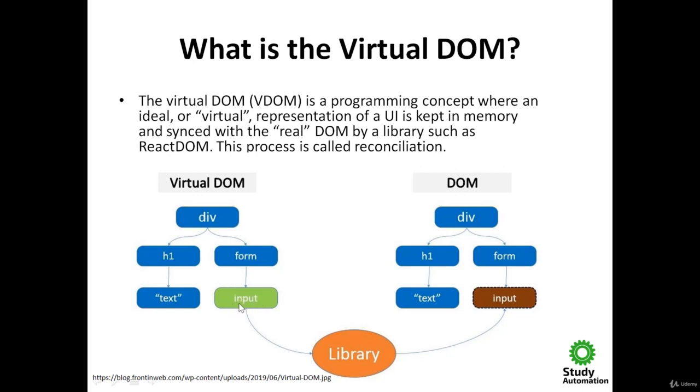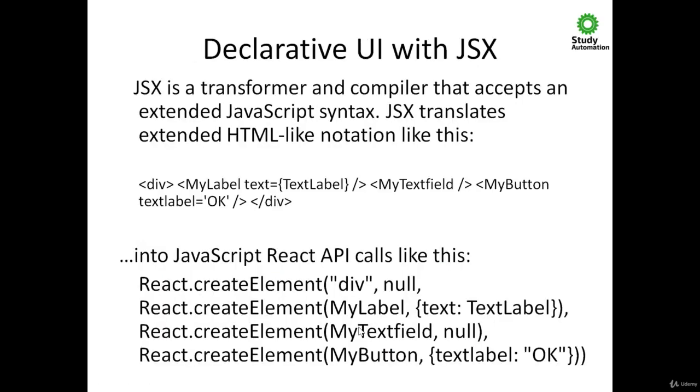If you are entering anything in an input box, using the library, it will modify the actual real DOM. So this is one of the benefits. If you modify, delete or add anything, it will not hamper the real DOM, and it is quite fast when we work with React.js.